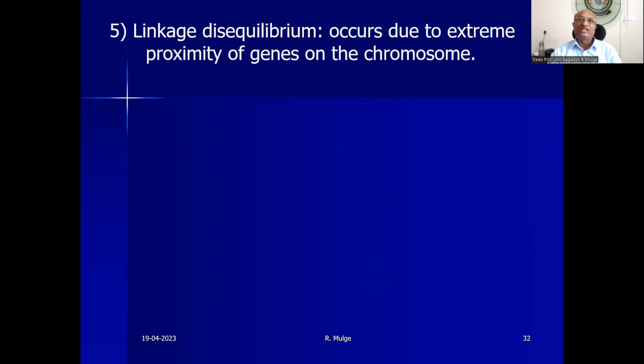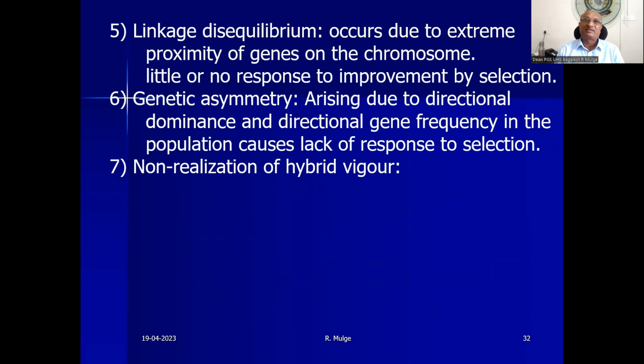Then, the linkage disequilibrium. It occurs due to the extreme proximity of the genes on the chromosome. So you don't expect any further improvement. If this linkage disequilibrium is observed, most of the time you are dealing with extreme proximity of the genes on the chromosome, and there is little or no response to improvement by selection.